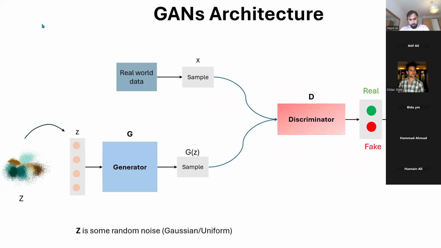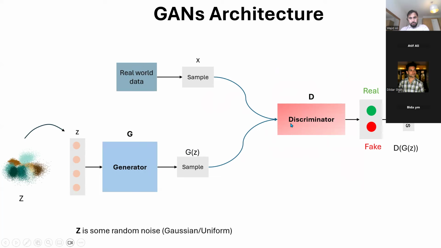This is the architecture of the GAN model. Here we have real world data, and a sample from it is provided to the discriminator. Then here we have some noise, and it takes a sample from this noise, which is a vector, and provides it to the generator. The generated sample is then also provided to the discriminator.